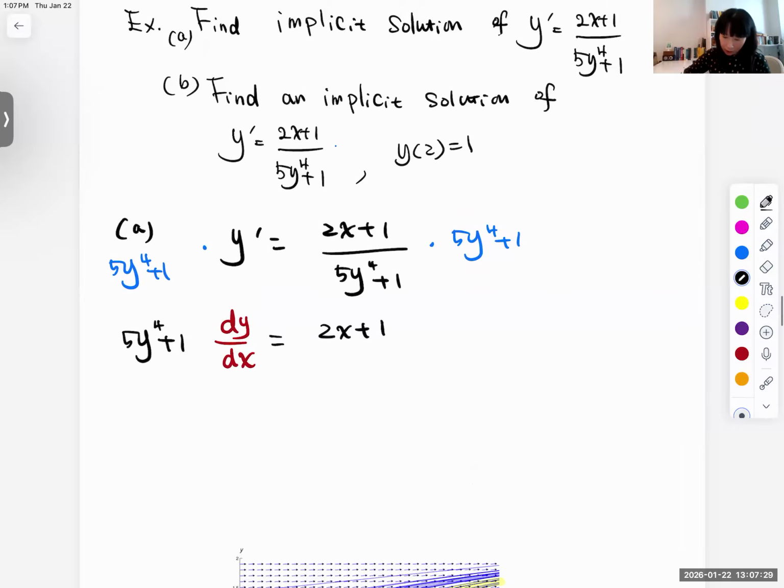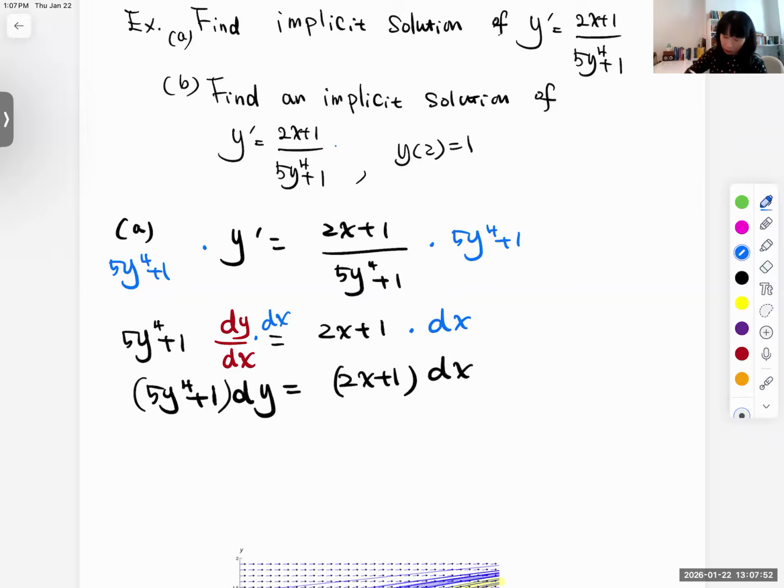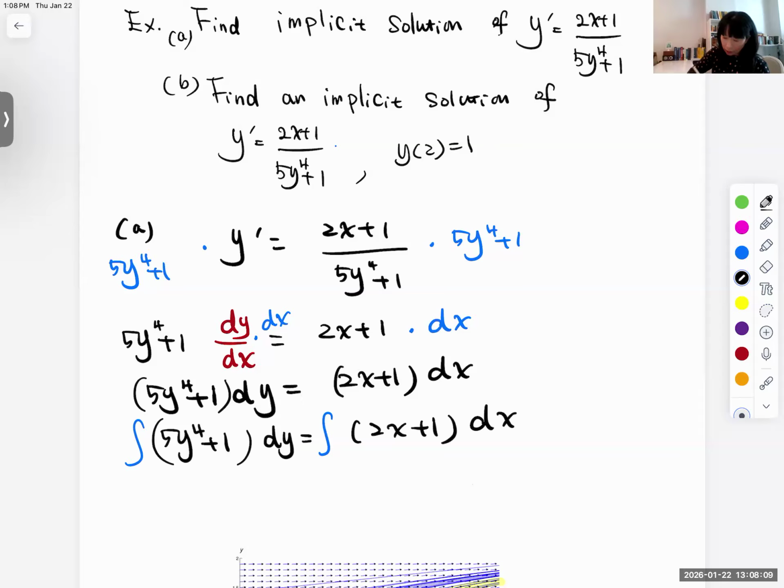Now times dx on both sides, so we have 5y to the fourth power plus 1, dy, equal to 2x plus 1, dx. Okay, so we take the integral, the antiderivative, of both sides.